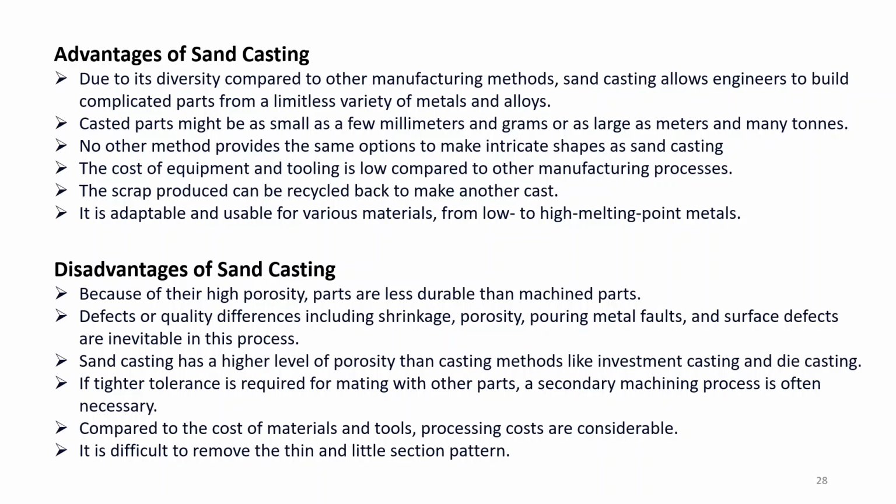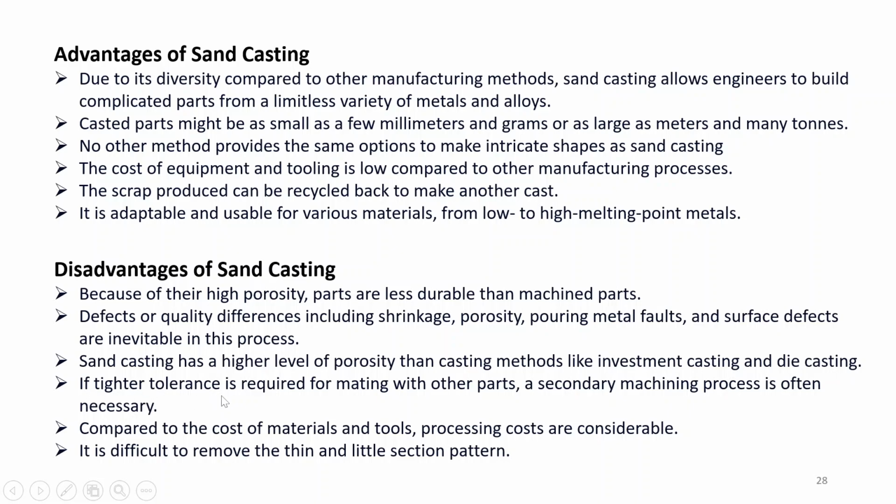And also the microstructure that you get from sand casting is not always good for the mechanical properties that are required for particular applications. So you always require particular heat treatments, which also adds to the cost. Next, sand casting has a higher level of porosity than casting methods like investment casting and die casting.